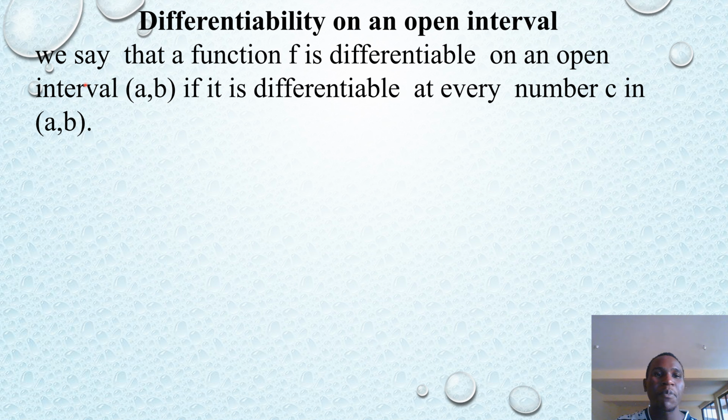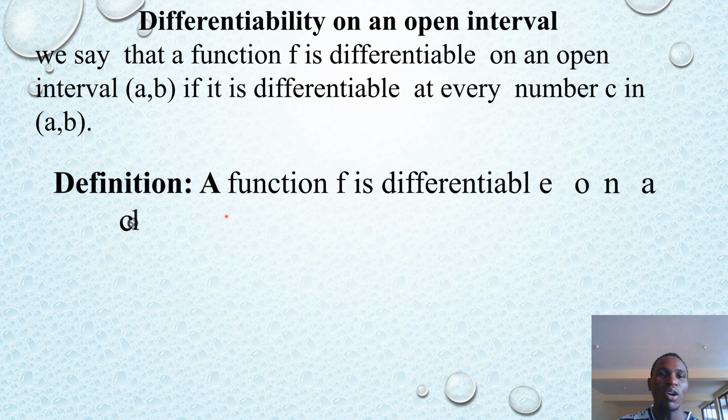So any point that I pick within this open interval, if the function is differentiable at that point, then we'll say that the function is differentiable on this open interval. We will see application of this. That's what I'm giving you. Take down the notes first.